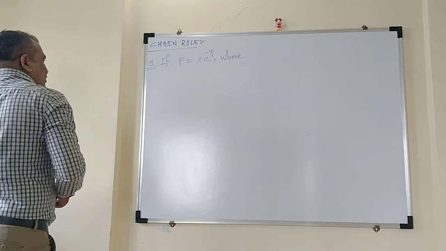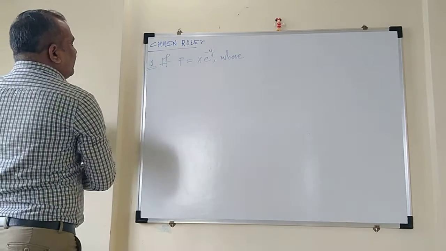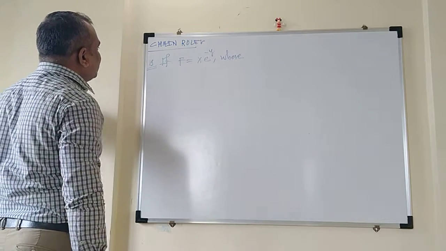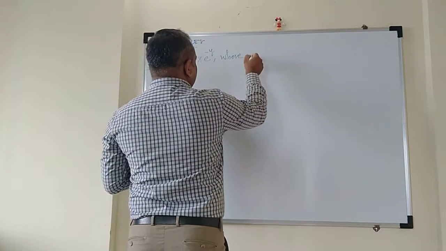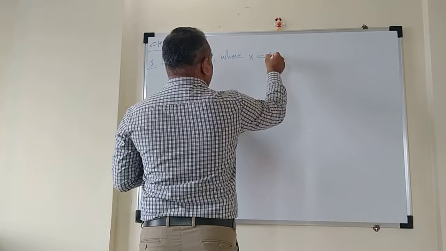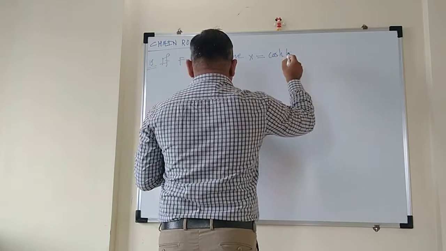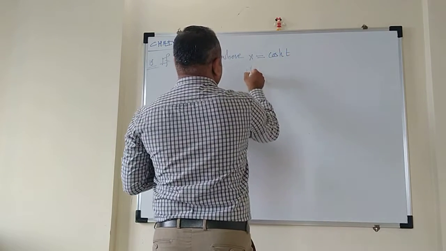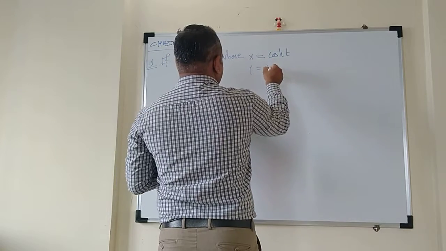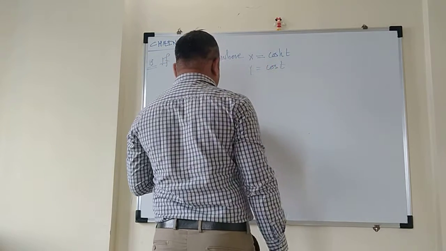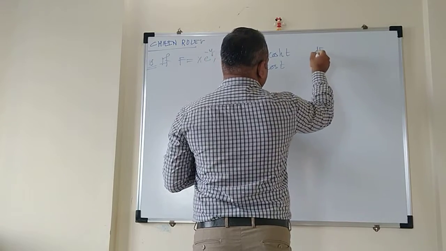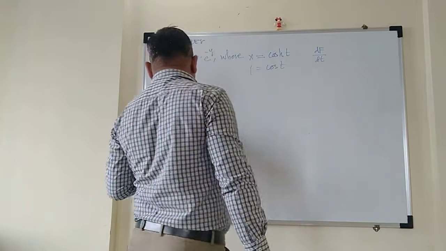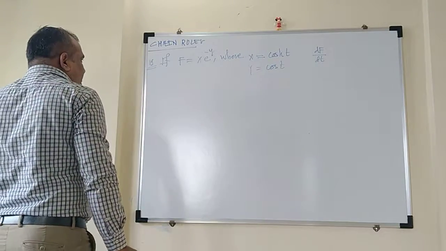If f is a function of two independent variables x and y, and the function is x e raised to minus y, where x is equal to hyperbolic cos t and y is equal to trigonometric cos t, then using the chain rule we have to find out the value of df/dt. Now let's go step by step.